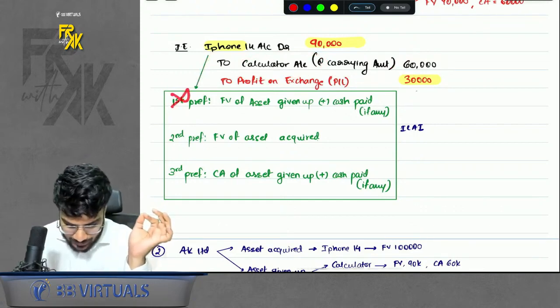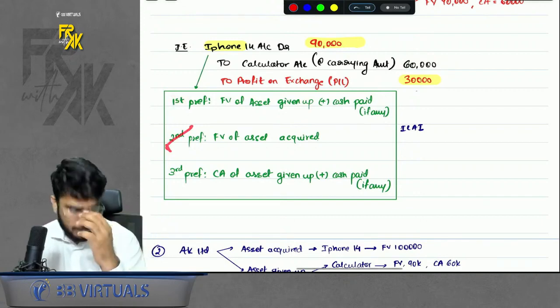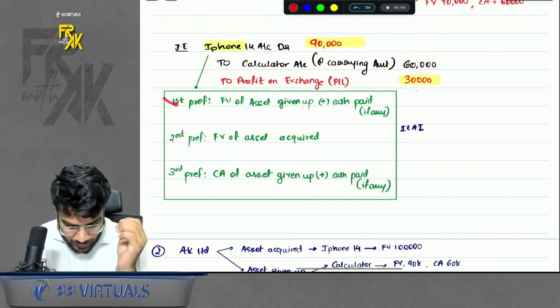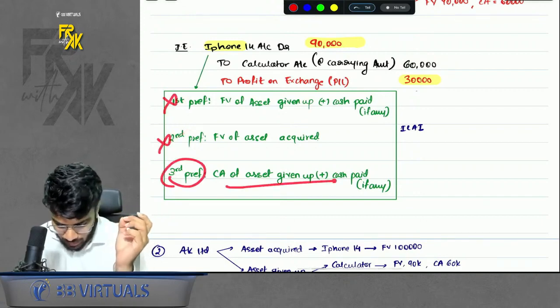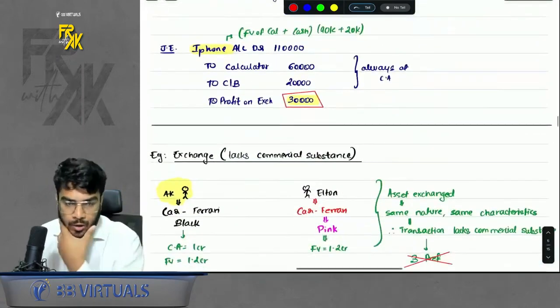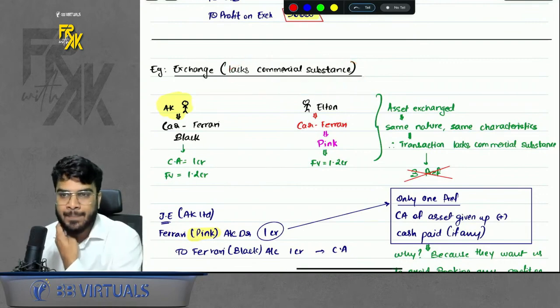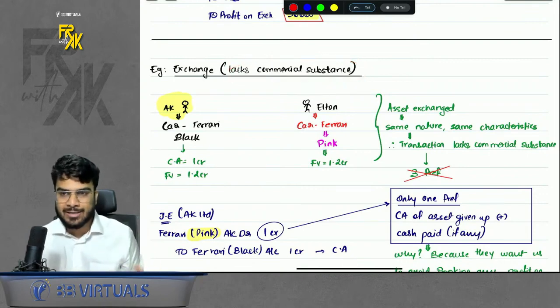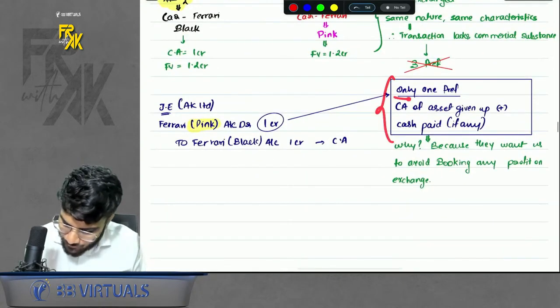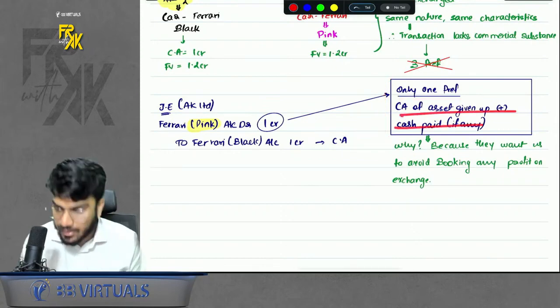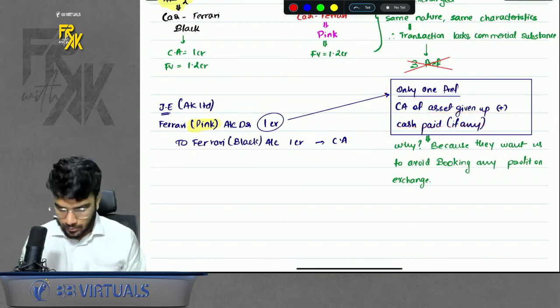If this is not available, then we will use the second preference, that is fair value of asset acquired. If we don't have either of these, we will use the third preference, carrying amount of asset given up plus cash paid if any. Also, if the question mentions that the transaction lacks commercial substance, which happens when you exchange assets of the same nature and characteristics, then you only have one preference, and that is carrying amount of asset given up plus cash paid if any. Do remember.